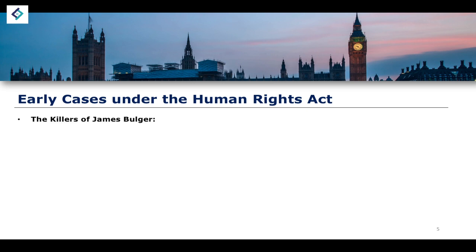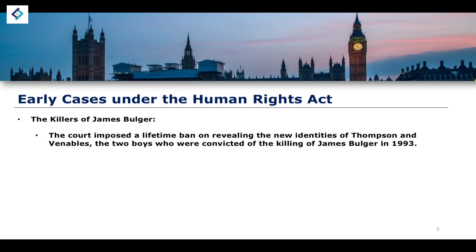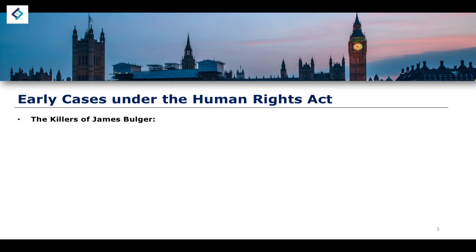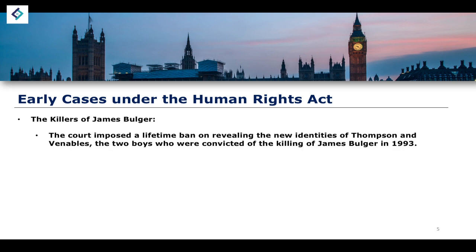Now, what about the earlier cases under the Human Rights Act? The first of these early cases involved the killers, the murderers of James Bulger. Essentially, one of the earliest cases, and one of the most shocking cases within the United Kingdom, at least in recent history, was the kidnapping and murder of the 2-year-old, I believe he was 2 years old, James Bulger, who was kidnapped in a public shopping centre in, I believe it was Manchester, in the 1990s by two older boys, still young boys but older than Bulger, Thompson and Venables.